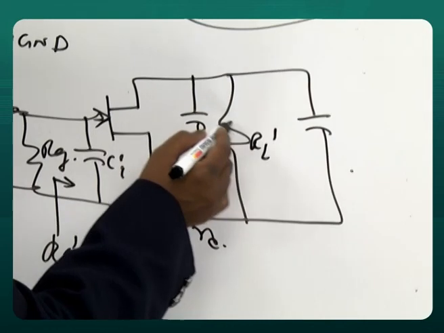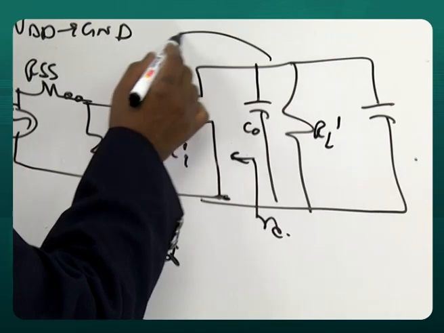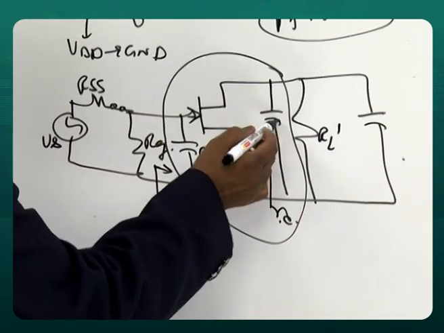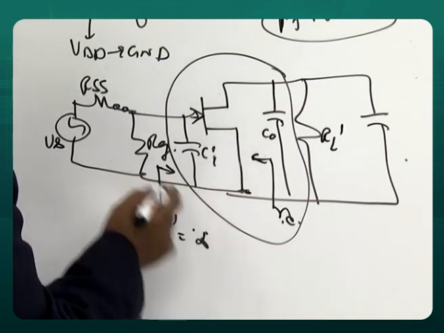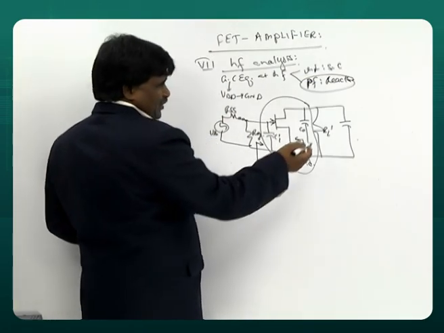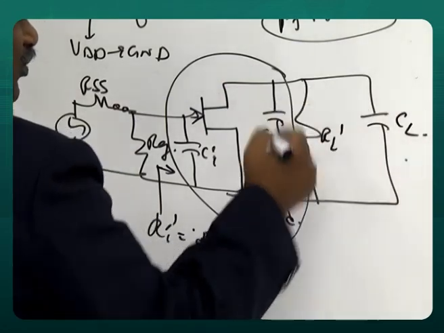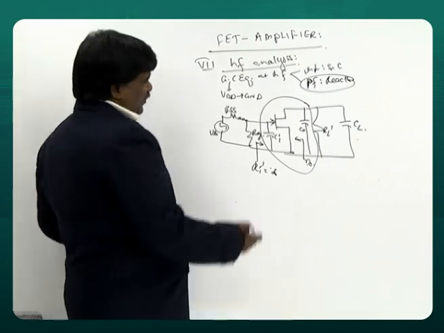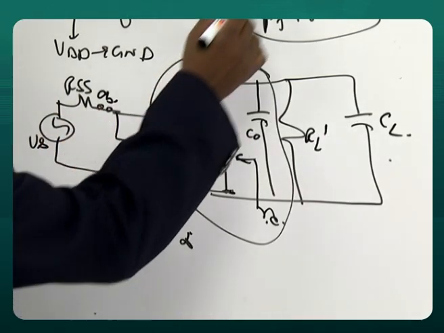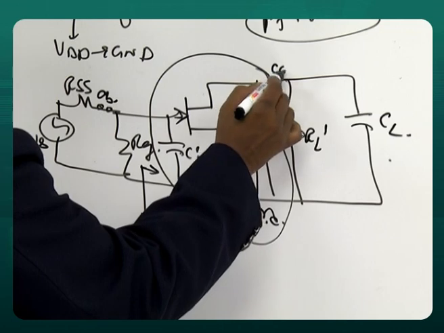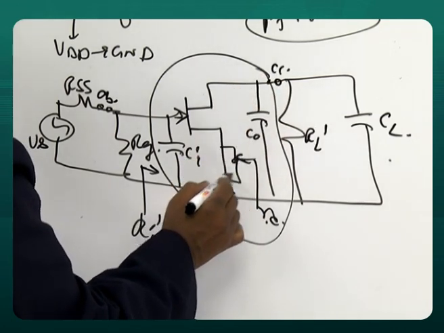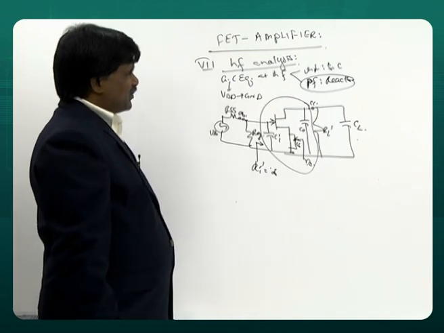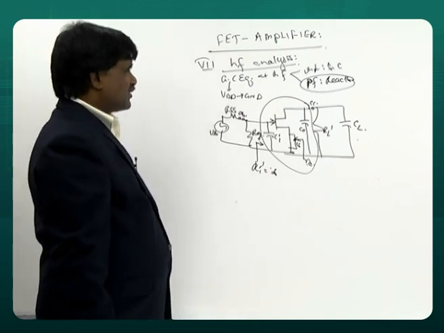Please remember, this is internal. Here internal is infinity. If you take this, output comes. If we take this, input comes. What happened to CB? Shorted. CC? Shorted. CS? Shorted. As I said, all microfarads are shorted and only picofarads exist there.